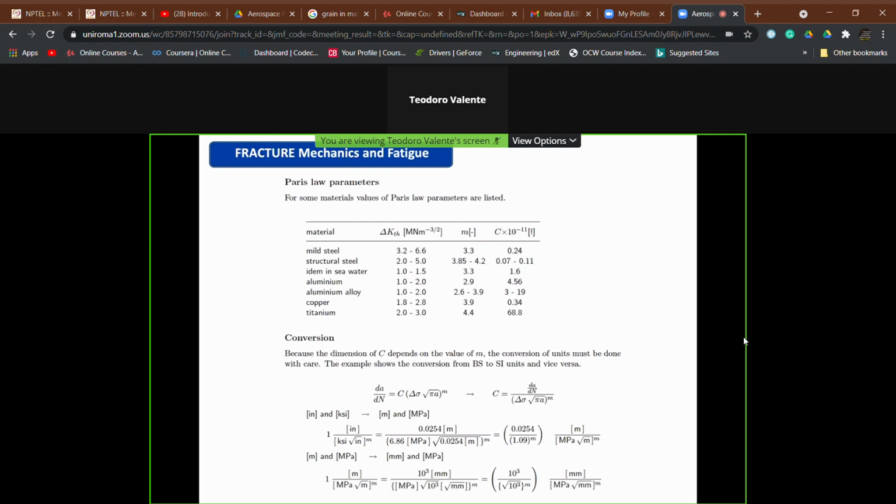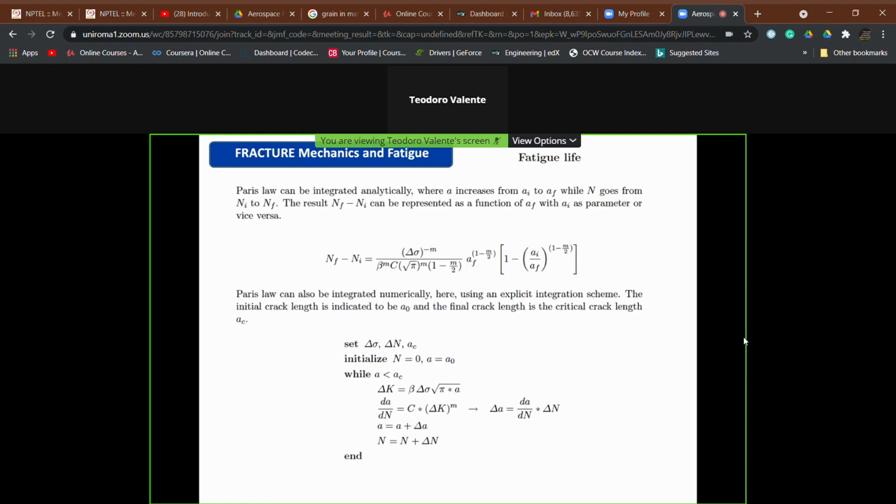Some examples of the conversion from British standard units, which are quite common, to international system units and vice versa, are reported here just as a reminder.